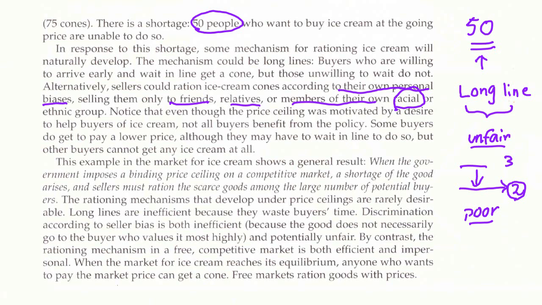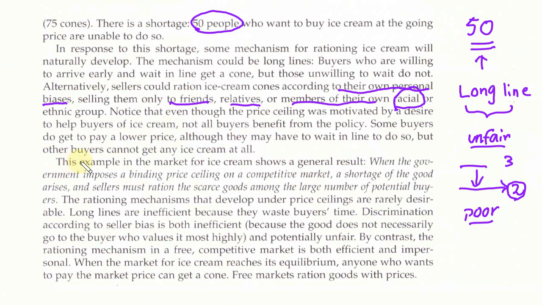Okay, so this is the explanation regarding that. Some buyers do get to pay a lower price, right? Although they may have to wait in line to do so. But if they line up to buy, they can buy at a lower price.